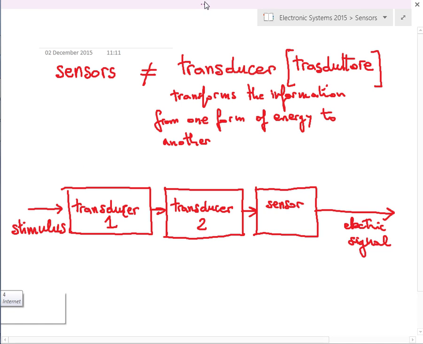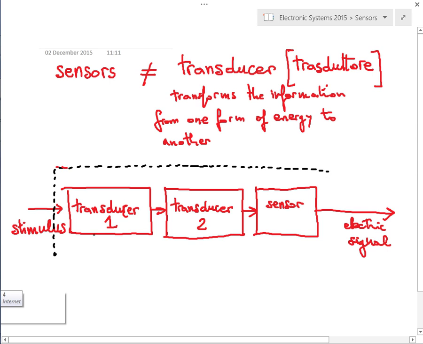And then in this case we call this whole system, which contains the two transducers and the final sensor, again a sensor, because by definition it is a sensor.